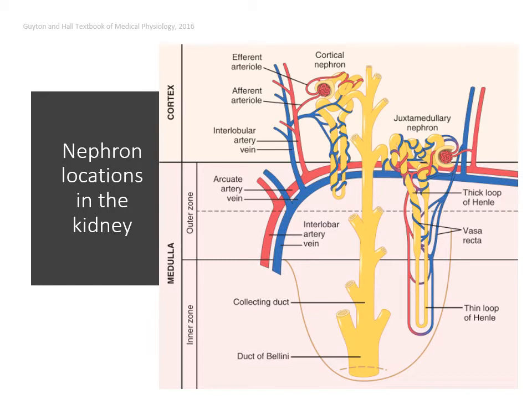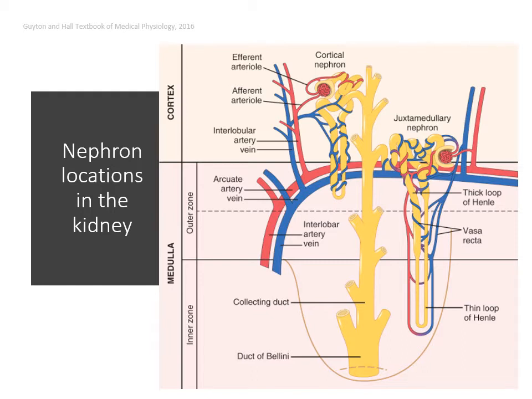The fluid is going to go through the nephron and be processed. The nephron is going to decide what it wants to keep, which will become urine, and what it wants to reabsorb into the bloodstream.